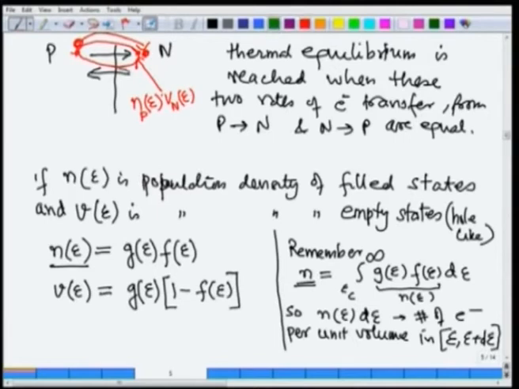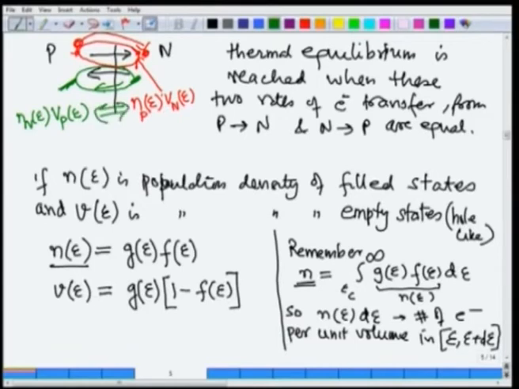Whereas, as far as this transfer is concerned, it will be exactly reverse. It will depend on the filled states on the n side, so we are going to use n here, and it will depend on the vacant state on this side, because electrons have to go from here to here. So, it will be v on the p side, and in thermal equilibrium these two quantities must become equal.